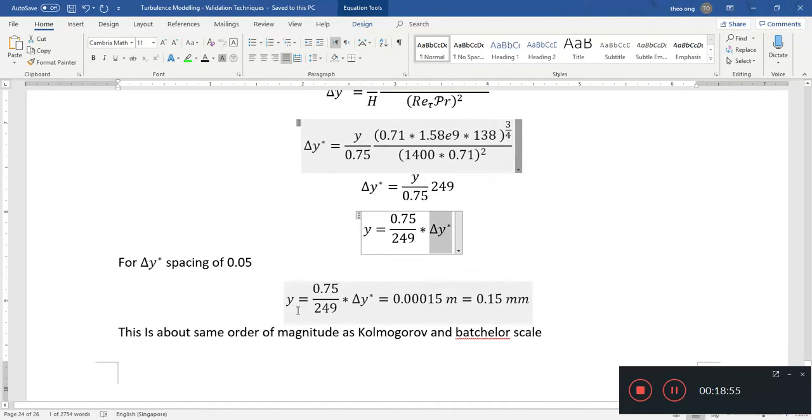So delta y star is we want that velocity scale spacing to be about 0.05, and we find that after we do all the math, the velocity spacing is actually 0.15. So this is on the same order of magnitude as the Kolmogorov and Batchelor scale.